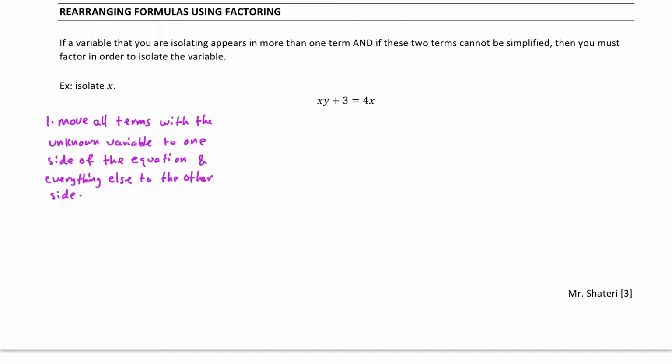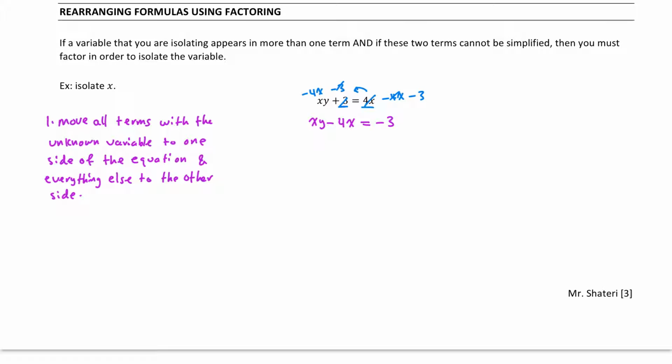First, I want to move the 4x here to this side, so I will subtract 4x from both sides. And I want to get rid of the 3 on the left-hand side because it doesn't have the x variable. So I will subtract 3 on both sides as well. So this cancels out the 4x, this will cancel out the 3, and I will end up getting xy minus 4x is equal to negative 3.